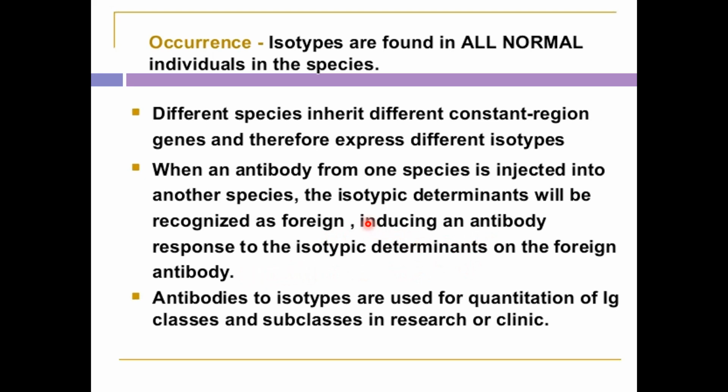So if something is injected from one species into another, from human to mouse, the immunoglobulin isotypes help to produce the antibodies. Antibodies to isotypes are useful for quantitation of immunoglobulin classes and subclasses.